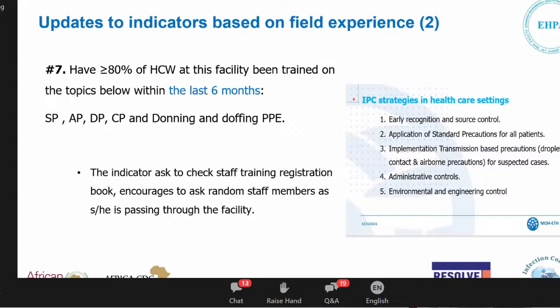So we faced a little bit of a challenge on this indicator unless we try to put in phrasing like staff staying in this facility for the last 6 months who attended the training, and what kind of basic skills can they perform. Otherwise, the indicator is very nice.